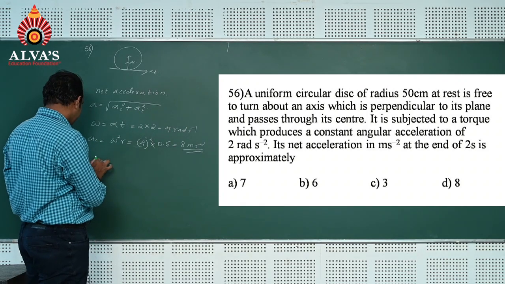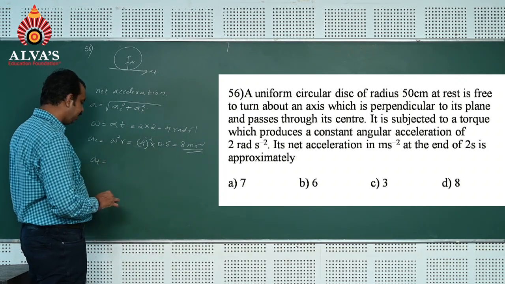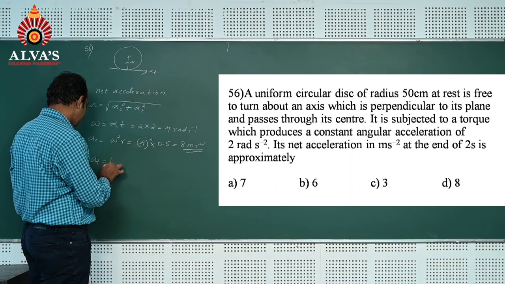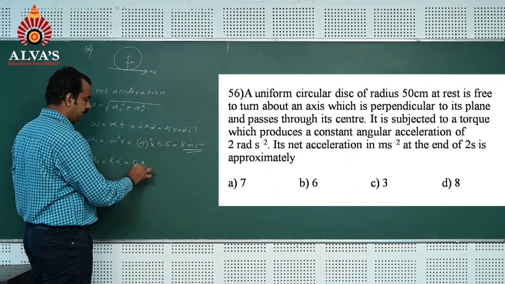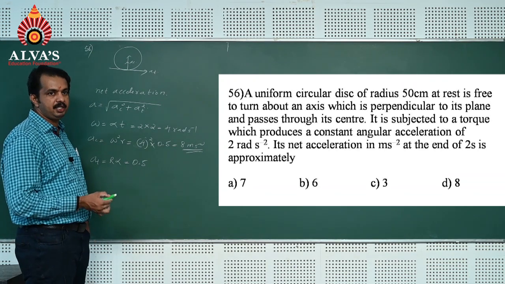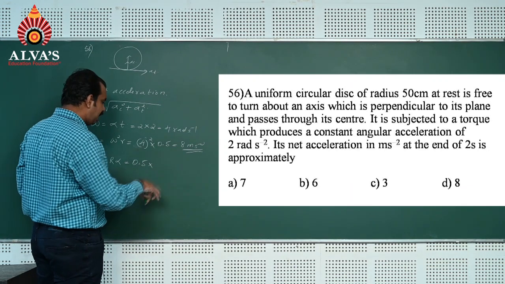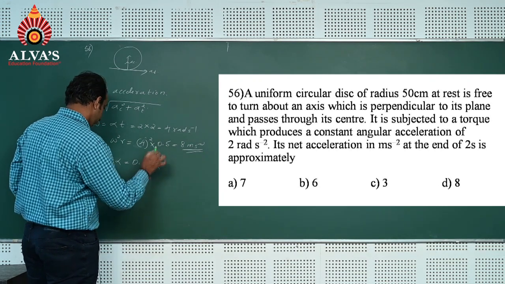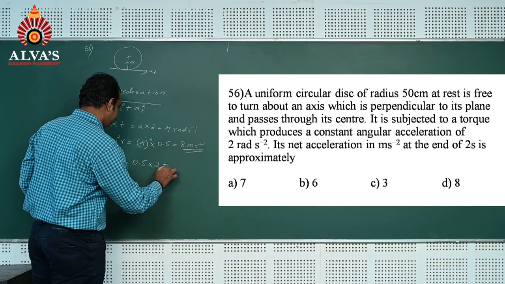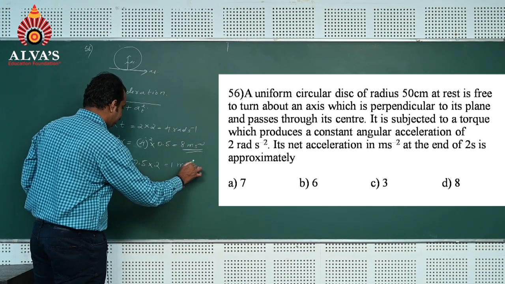Now about tangential acceleration. Tangential acceleration can be found by using the formula r alpha. So r is given, the value of r is 50 centimeter. 50 centimeter means 0.5 into alpha value. Alpha value is 2 radian per second square, so 0.5 into 2 means it is 1 meter per second square.